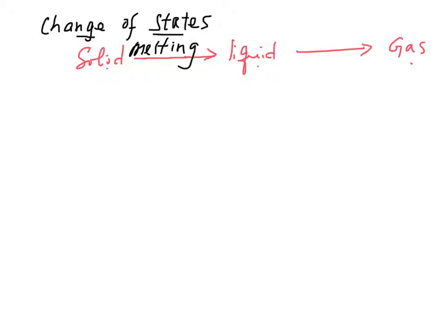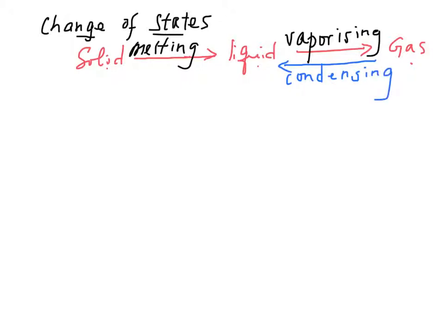When a liquid is changing to a gas, we say it is vaporizing. However, when a gas changes back to liquid, we say it is condensing. And when a liquid is changing back to solid, we say it is freezing.